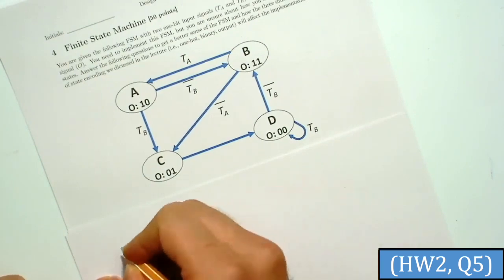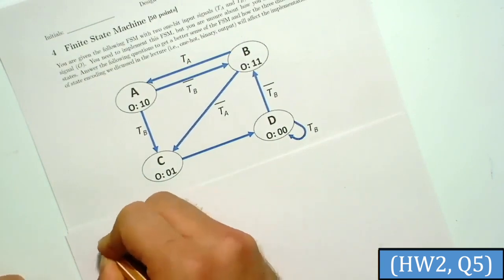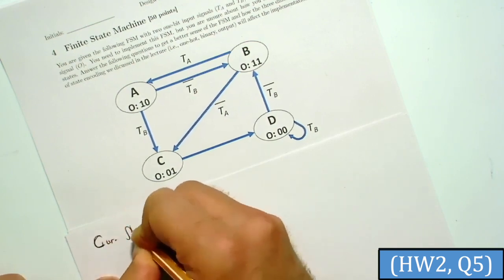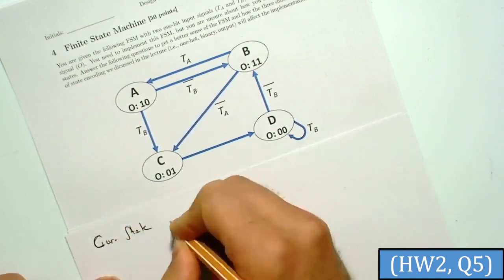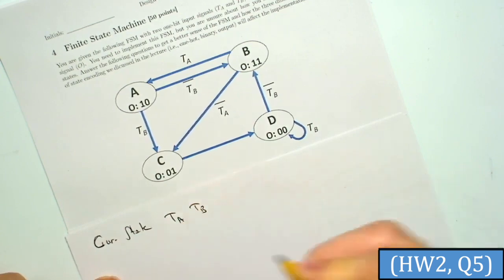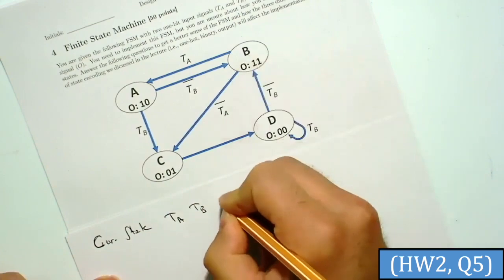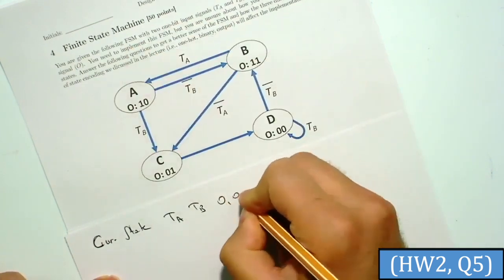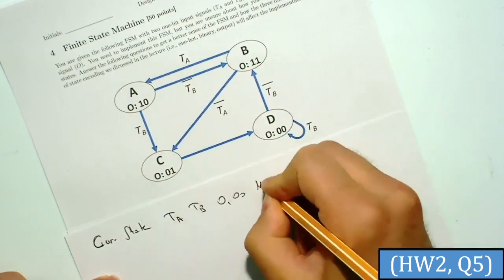For that truth table, I have the current state, my TA, TB, the output, which is 2 bits, O1, O0, and the next state, right?